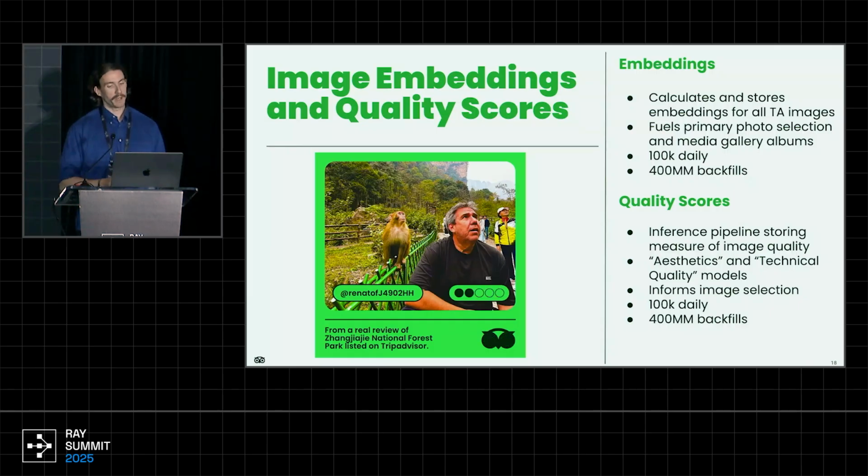So our quality pipeline is a similar structure to embeddings in that it's a batch inference pipeline, but we use 2 models here, one for aesthetics and one for technical quality scoring. So the aesthetic score model uses an open source visual and language assistant model from Google, which learned aesthetic preferences from human ratings to predict how visually appealing an image is.